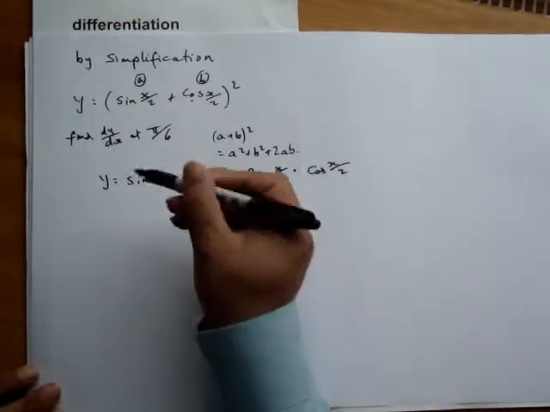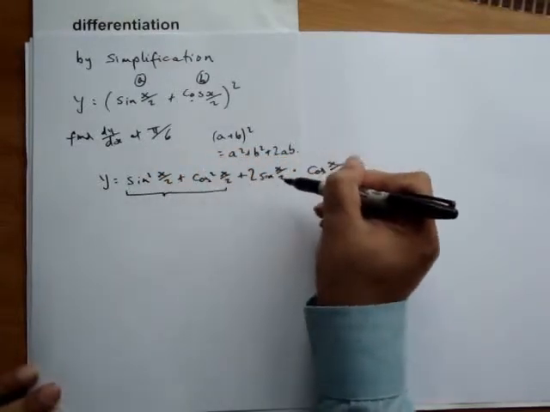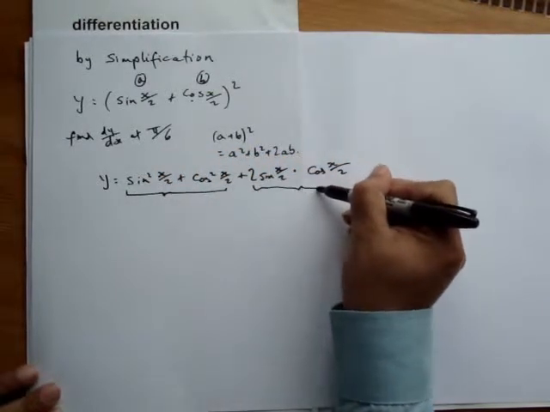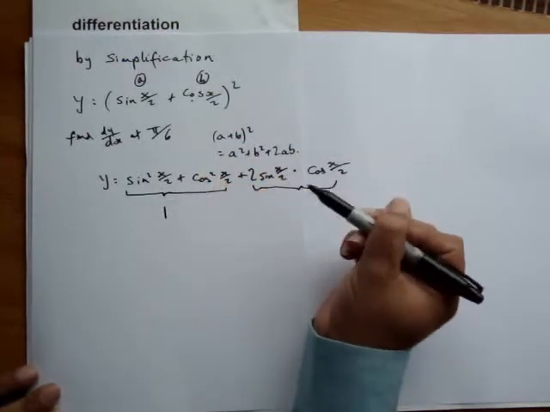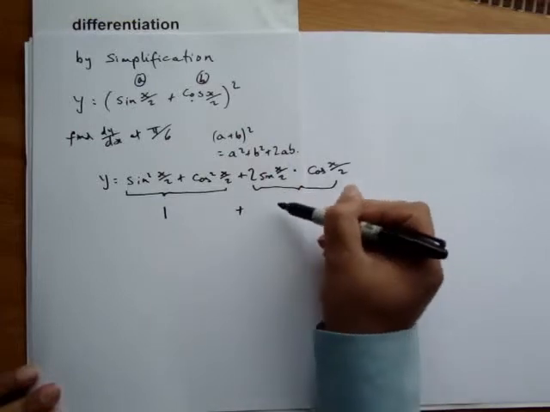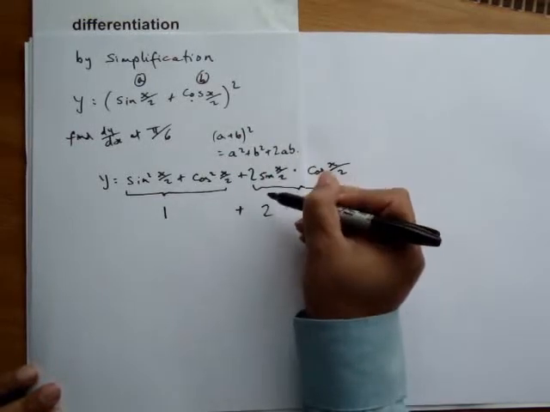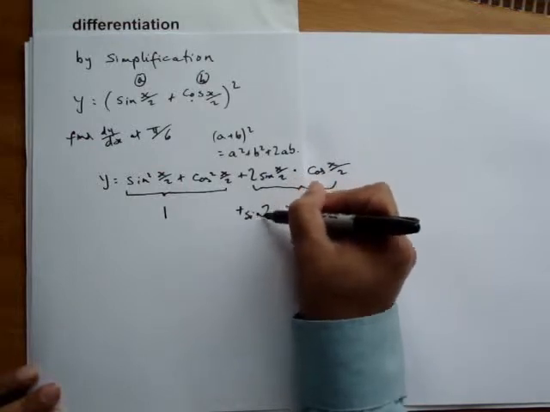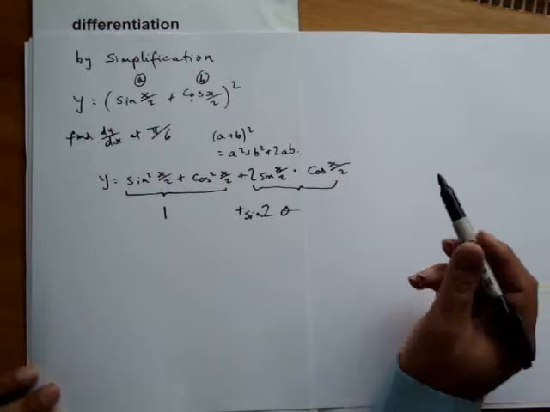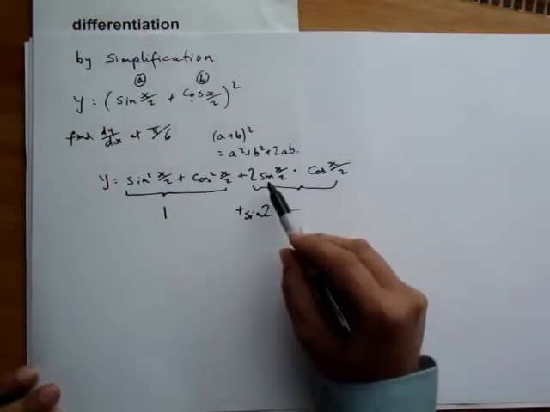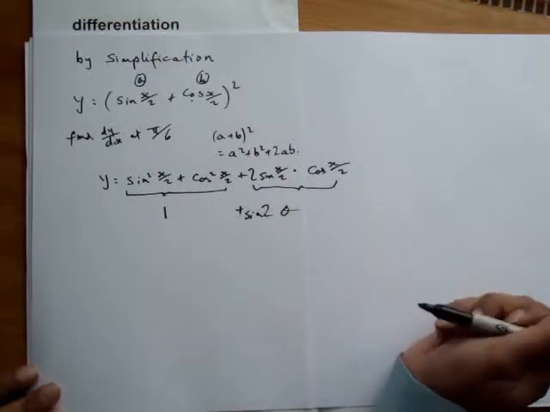Now looking at this once we've simplified it, this is nothing but 1, and this is sine 2 theta. So sine 2 theta equals 2 sine theta cos theta.